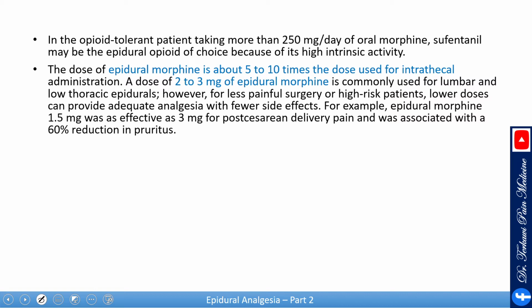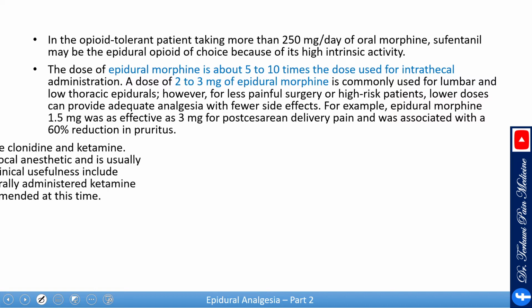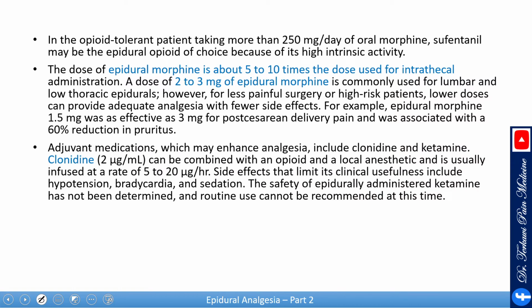Epidural morphine is about 5 to 10 times the dose of intrathecal. So you can do 2 to 3 milligrams of epidural morphine if you're doing a single bolus here. You can also use clonidine. However, the biggest side effects of clonidine are hypotension, bradycardia, and sedation.